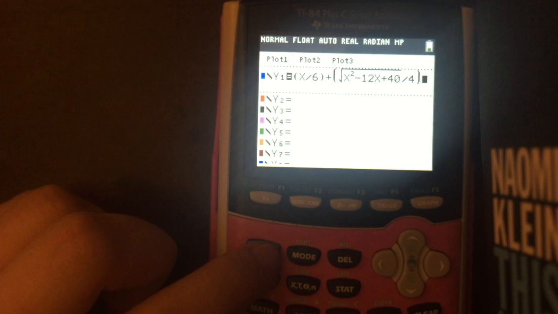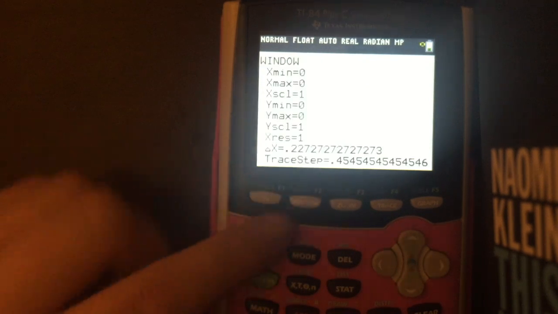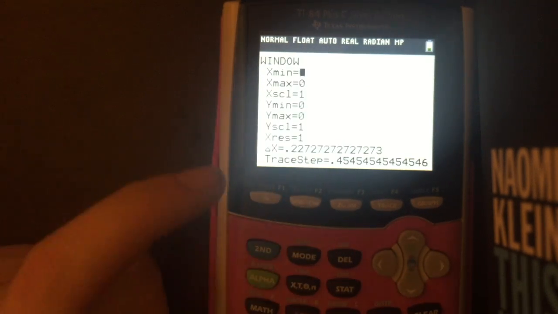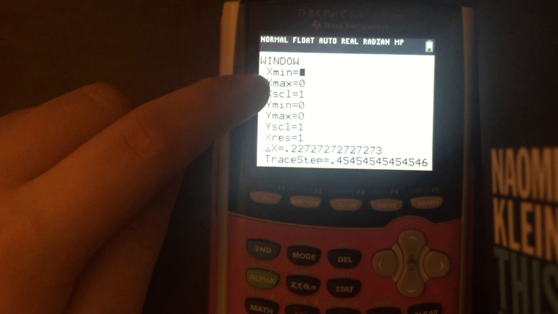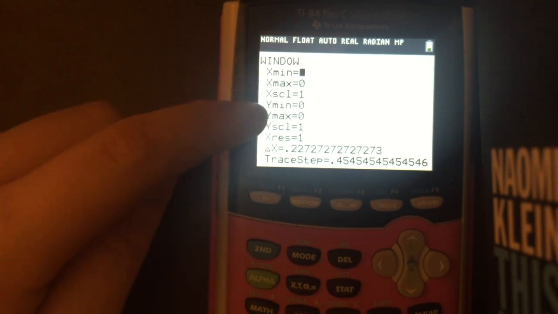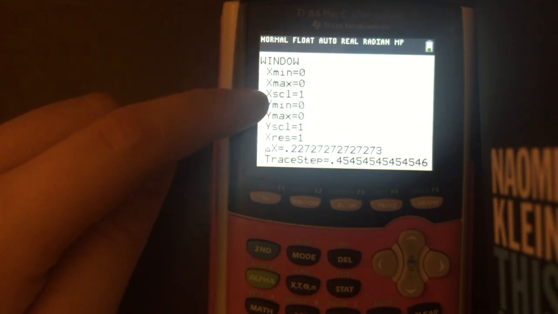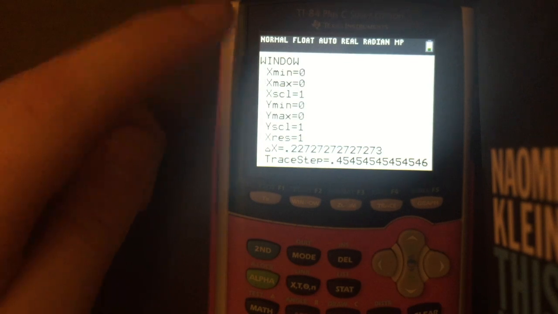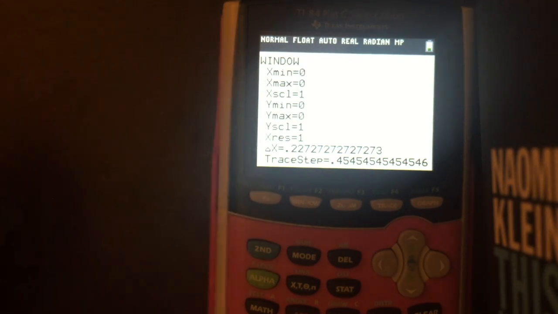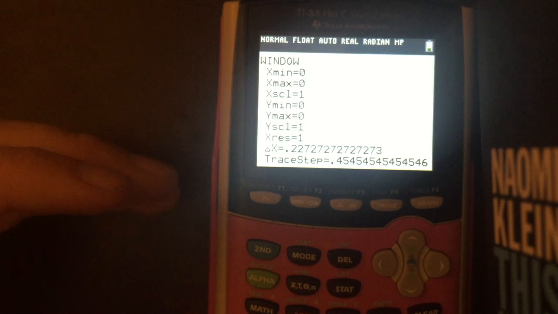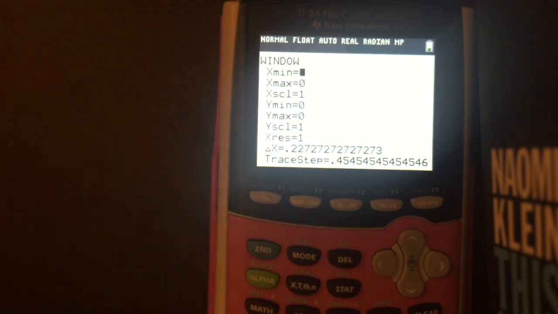To do that, I go to window at the top, which is right next to the y equals. I'm going to change my x minimum and my x maximum, as well as my y minimum and my y maximum, to ensure that when I do graph my function, I can see every single part of my graph.